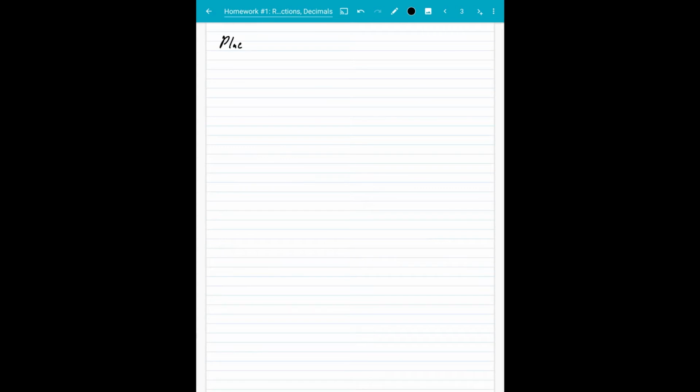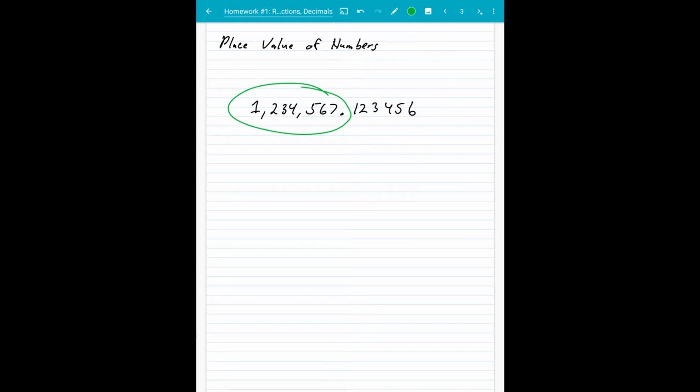So let's talk about place value too. Let's talk about the place value of numbers. I'm going to just write down a big old number. Let's say I write down 1, 2, 3, 4, 5, 6, 7. Not terribly creative here. We can label each place value in this. You might be familiar with everything on the left side of a number, where this is the millions place, right?